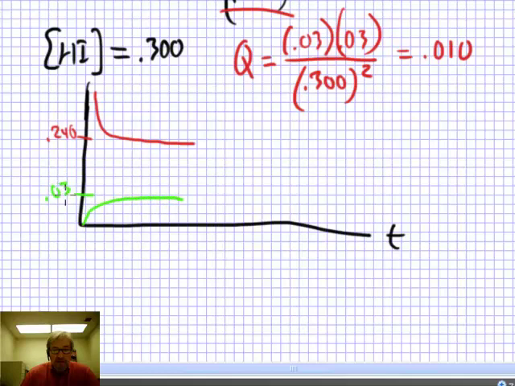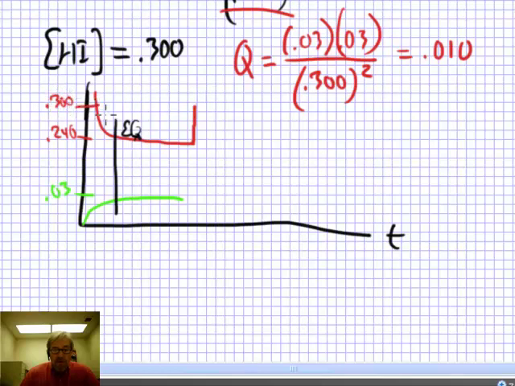So at that point, we had established an equilibrium, and Kc was Q. Then we shifted things up. We suddenly increased the concentration of HI up to 0.300.